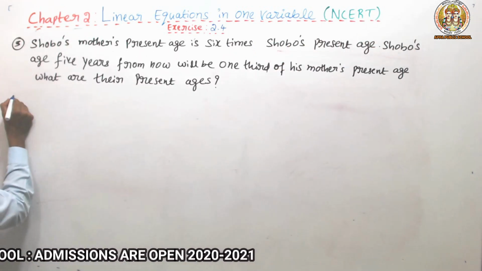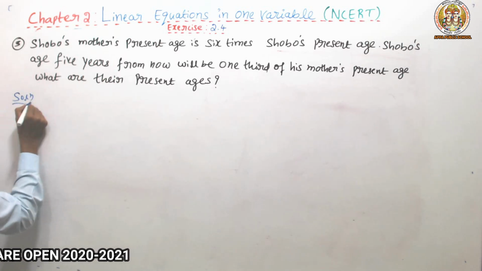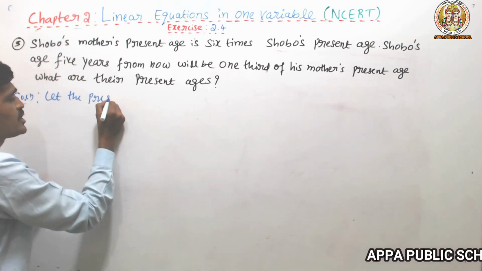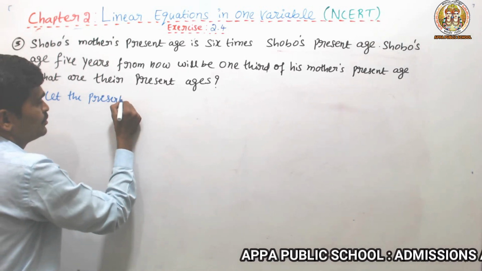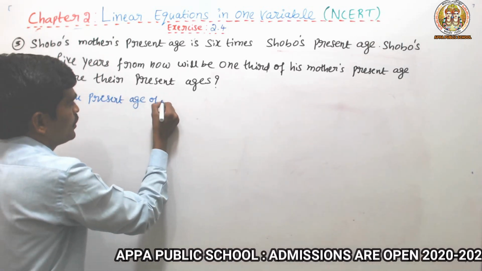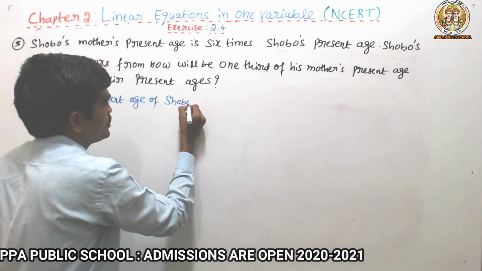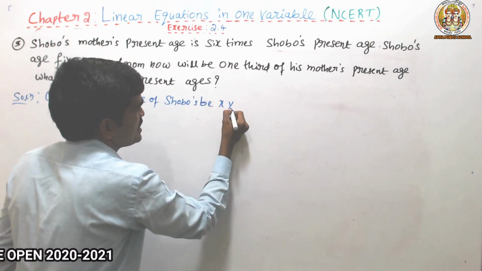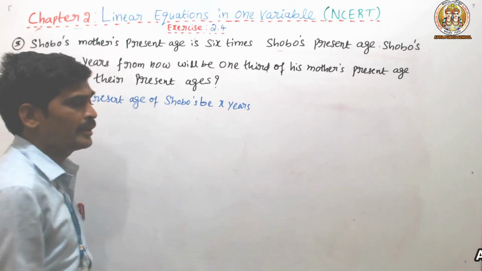So, solution: let the present age of Shobo be x years. Okay.